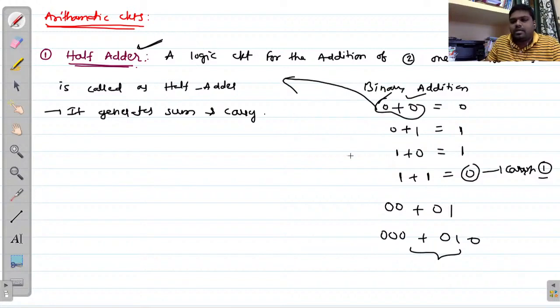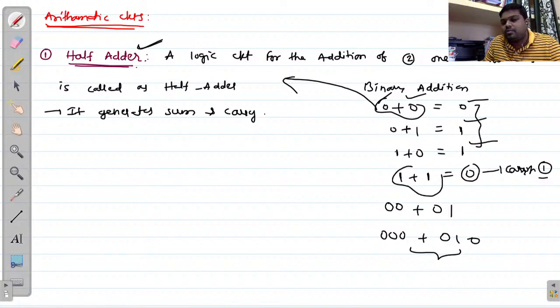So next, for the first 3 cases we are generating sum, right? 0 plus 0 we are getting sum, 0 plus 1 we are getting sum, 1 plus 0 we are getting sum. When it comes to this fourth case, we are getting sum as well as carry also, right? Sum and carry. So in the second point, it generates sum and carry.